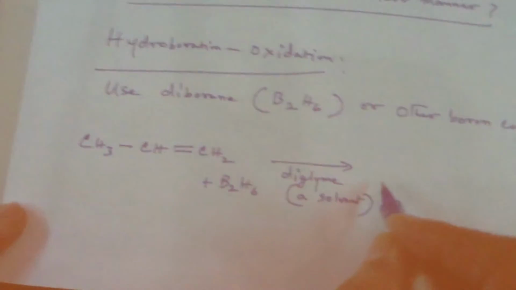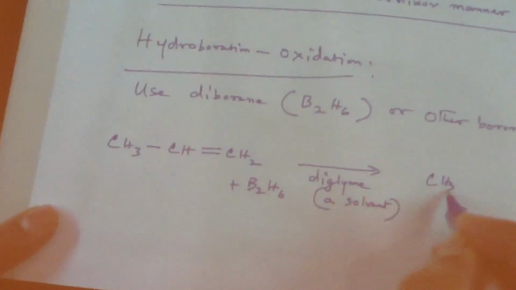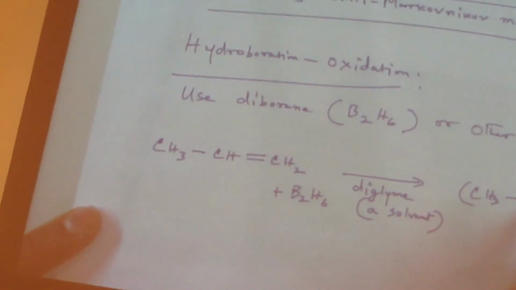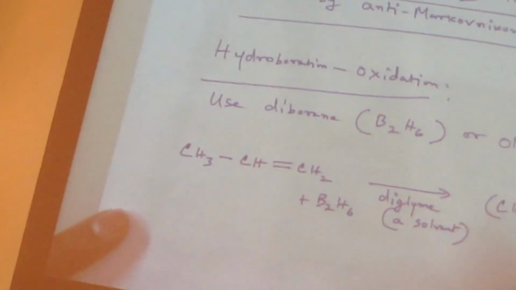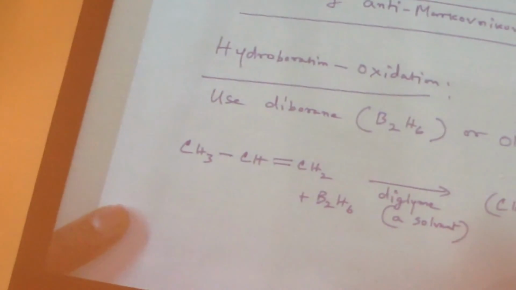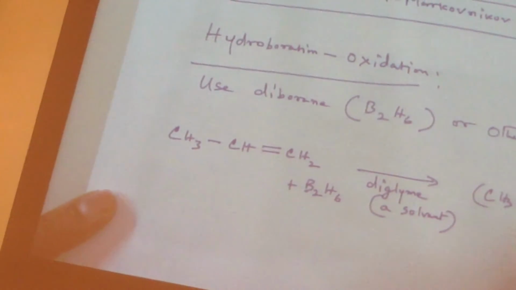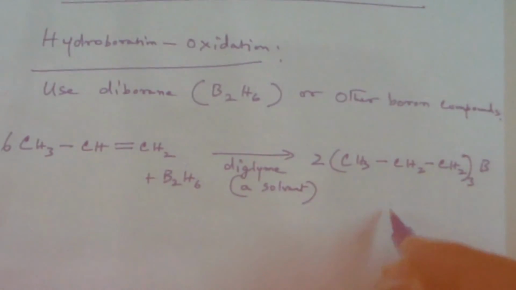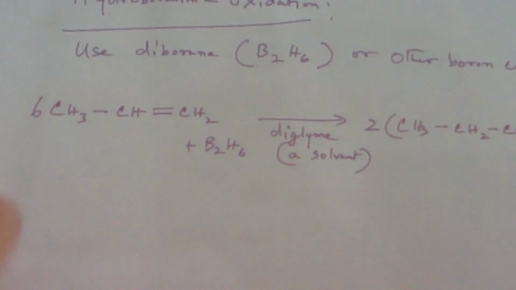And in this first reaction, therefore, what happens is that the boron adds on to the alkene, generated in the very first step.